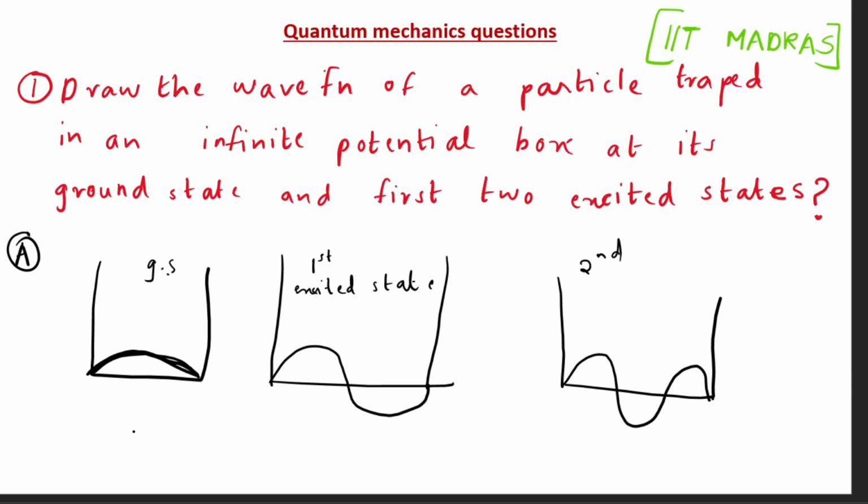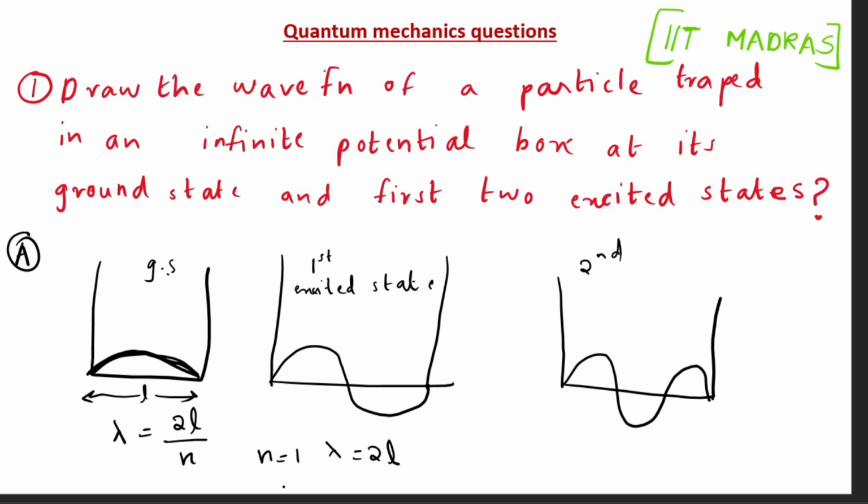Just remember this formula: lambda is equal to 2L by n, where L is the width of the box. For n is equal to 1, that is the ground state, lambda is equal to 2L. For n is equal to 2, lambda is equal to L. For n is equal to 3, lambda is equal to 2L by 3. So we can easily draw this, or it can be simply visualized.